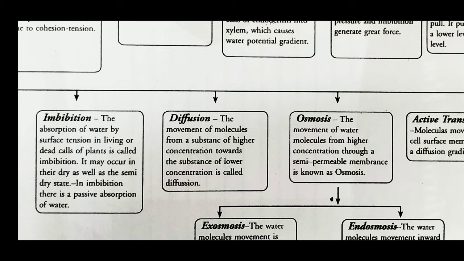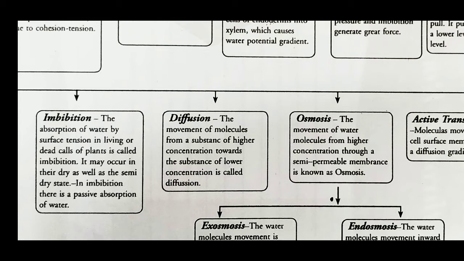It may occur in the dry as well as the semi-dry state. So a plant seed also goes through this process, because by this process only water goes inside the seed.